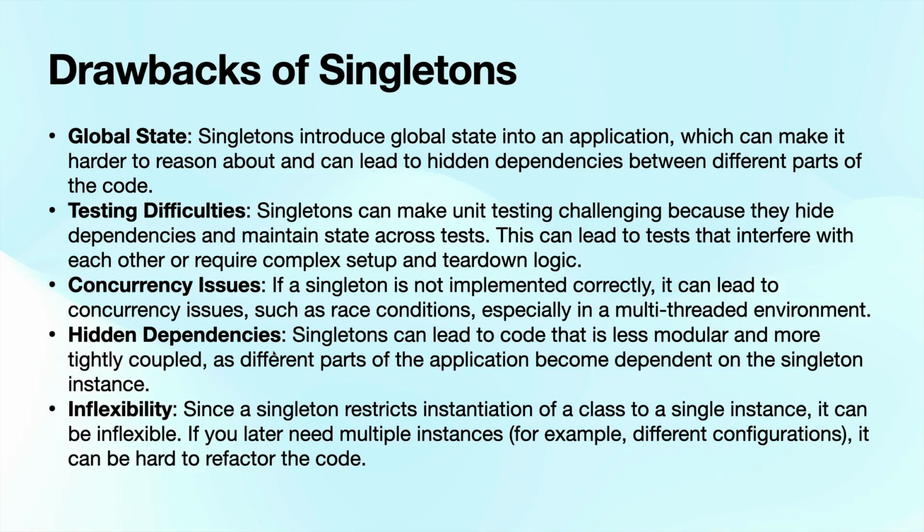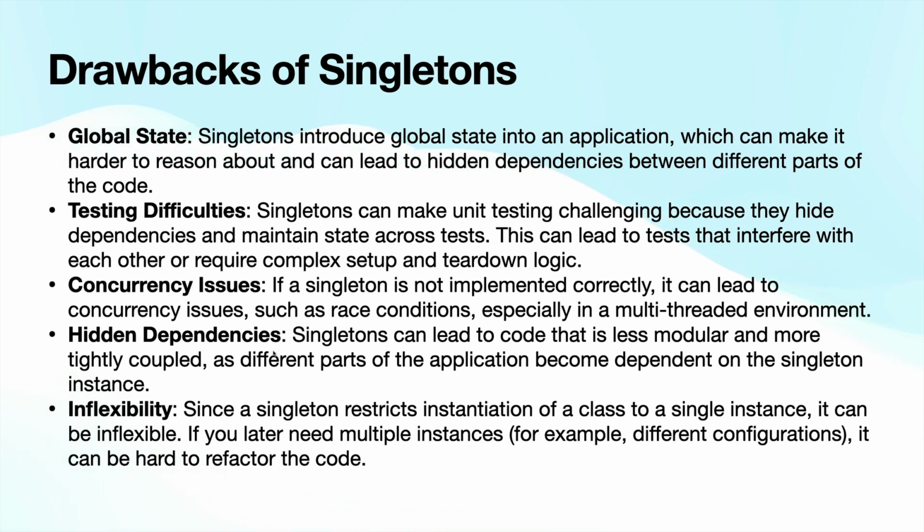And guys, now the drawbacks, right? As you can see, we have 5 major points here with the drawbacks. So ironically, we see that the global state, which was one of our benefits of singletons, is also a drawback. Singletons do introduce global state into an application, which can make it harder to reason about and can lead to hidden dependencies between different parts of the code. So anytime you have a global state, guys, and you have multiple things updating that single thing, it can get confusing.